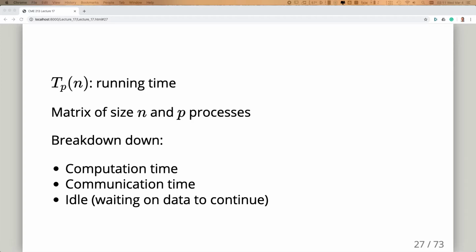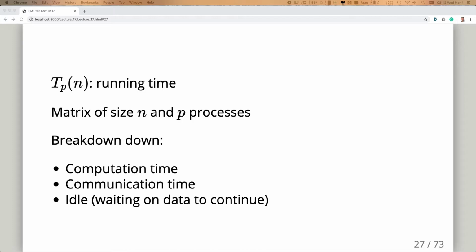So generally speaking, if you want to analyze the running time of the code, in principle, there's going to be some time when the processors are doing computation. Okay, that's pretty obvious. There's some time dedicated to communication, and then related to that, there is some idle time. Okay, maybe you have nothing to do. You're waiting for some data to arrive, but the data is not ready, so it's not even being communicated.